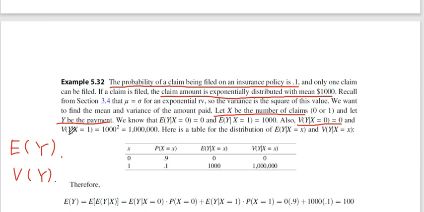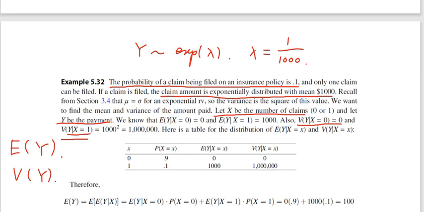So when X equals 1, meaning there is a claim, then the variance: this payment actually follows an exponential distribution, right? So the mean is 1000. So we can say that lambda equals 1 over 1000.